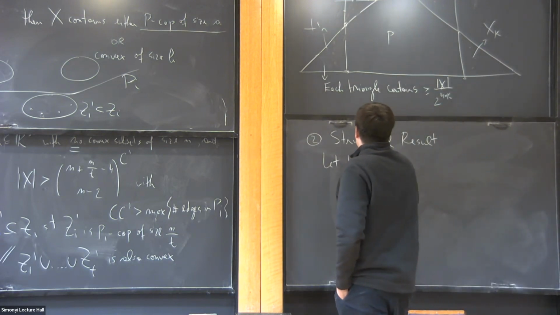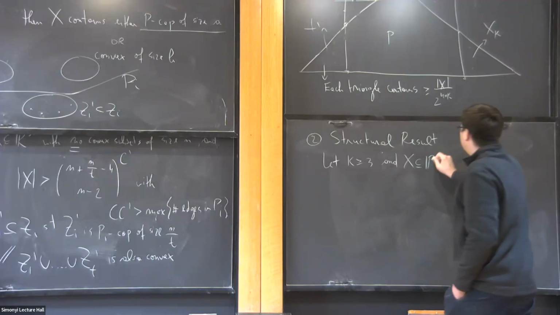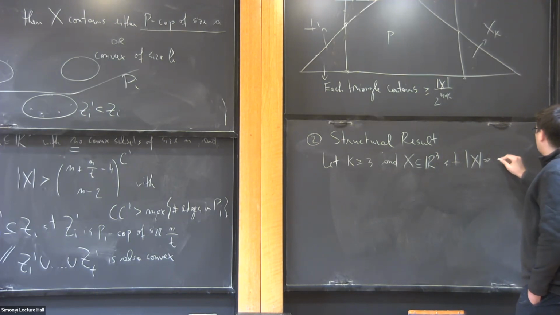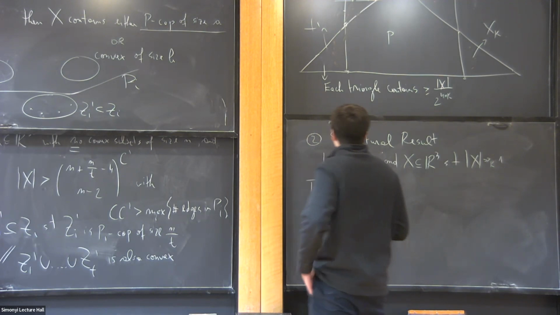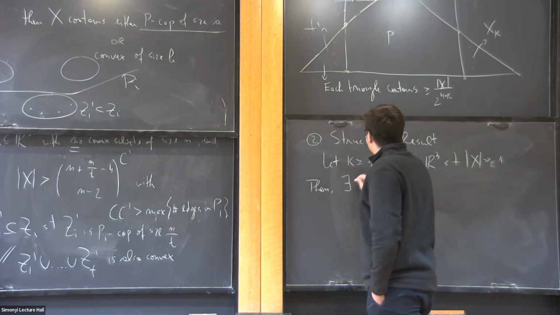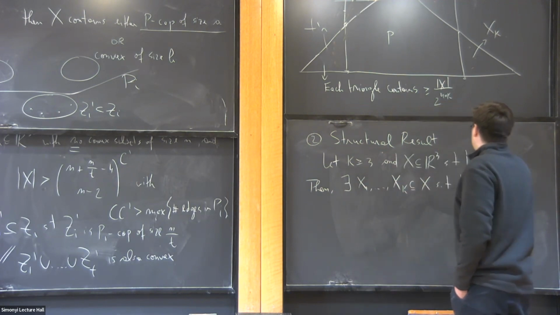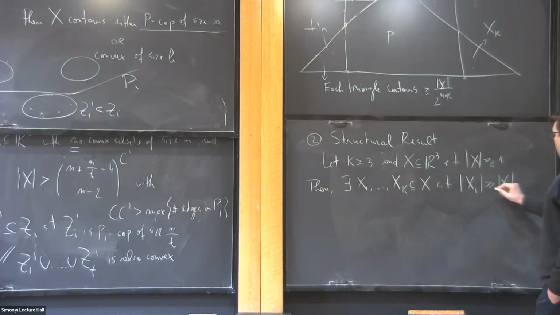So start with some k, and I get X in general position, large in terms of k. So I'll put here some dependence on k. Then take clusters, all large, so the size of X with a constant.